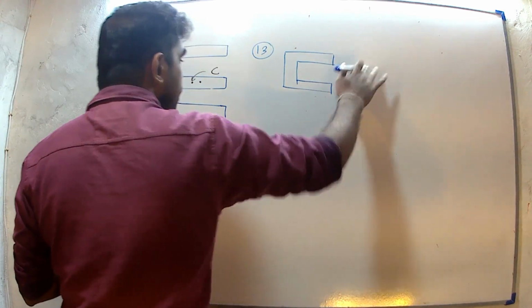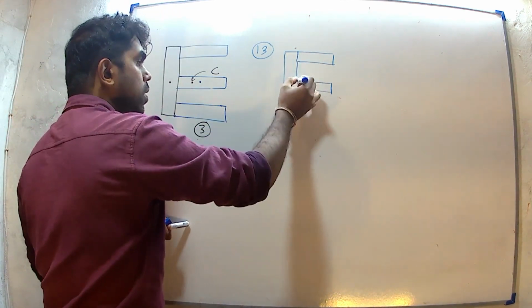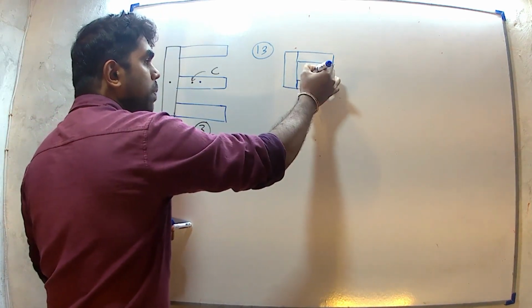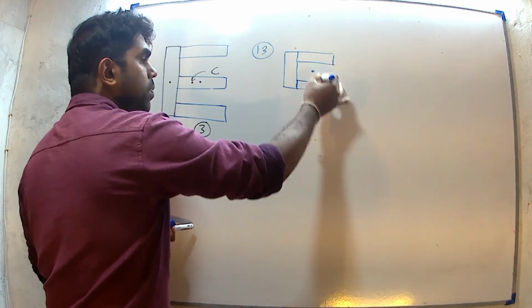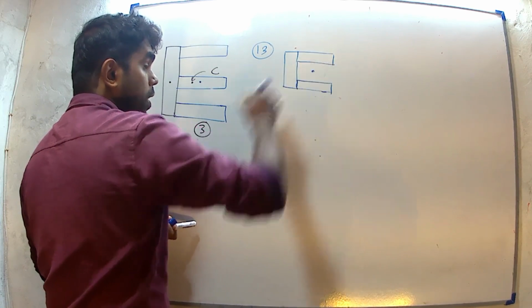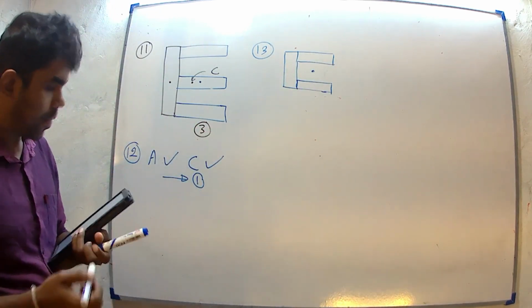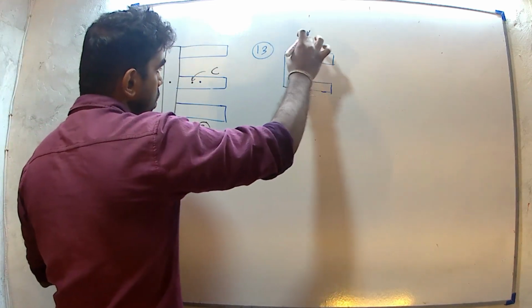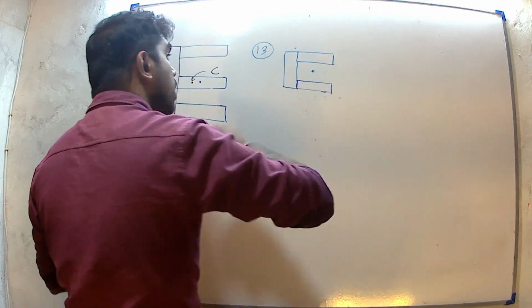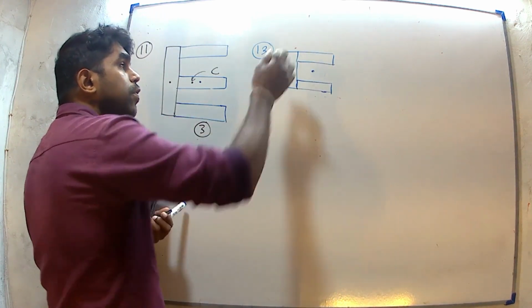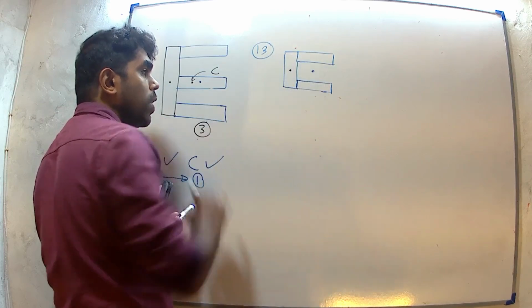When considering vertical part, center of gravity should be midpoint, this point. Then when considering horizontal part, center of gravity should be this point. But when considering this vertical part, center of gravity should be this point.